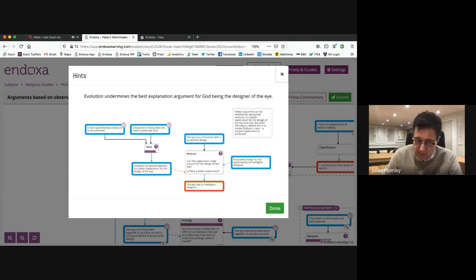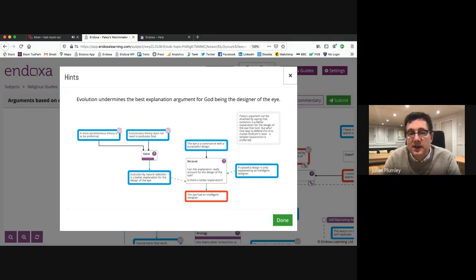This is the step of the argument where we had a best explanation from the eye being designed to the eye having a designer, supported by this statement here. What I've added here is something someone like Dawkins might say: evolution by natural selection is a better explanation for the design of the eye, which is clearly undermining this step.